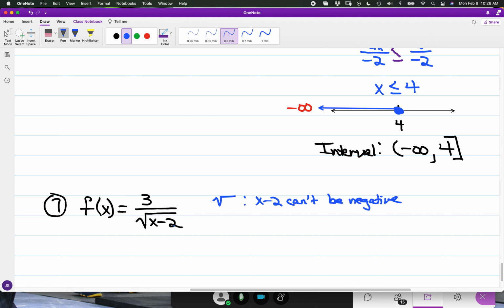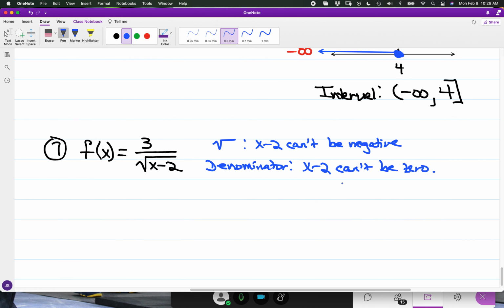But also because x minus 2 happens to also be in the denominator, x minus 2 cannot be 0 either. So it can't be negative, can't be 0, so x minus 2 must be positive.